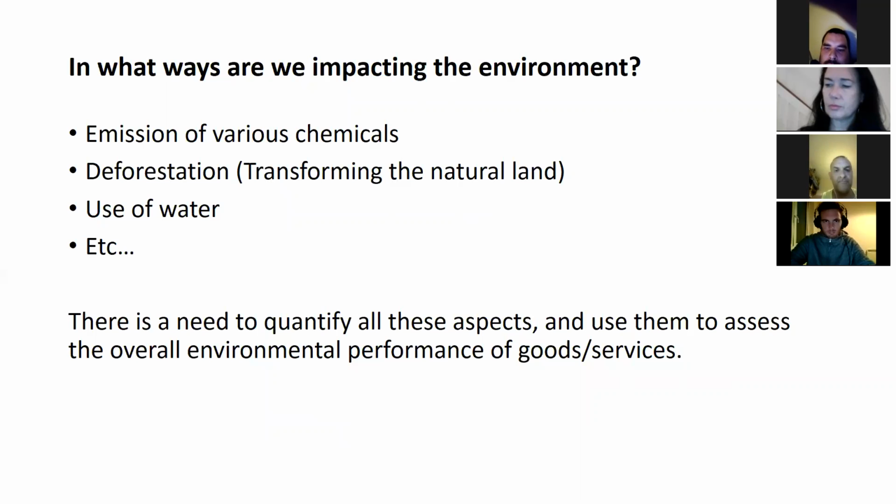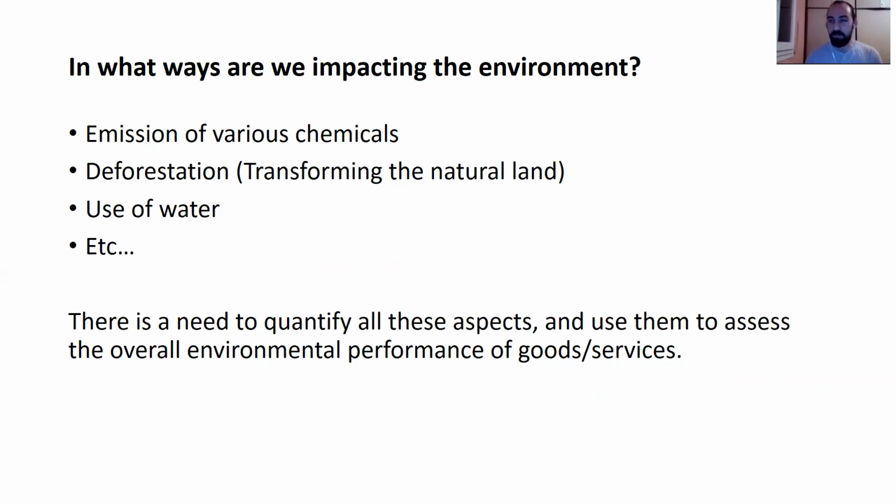For example, they say if you drink too much water, it can kill you. So any chemical can have an impact. But so: emission of various chemicals, deforestation, use of water in areas where water is scarce. If you use it, then there can be problems with water scarcity.